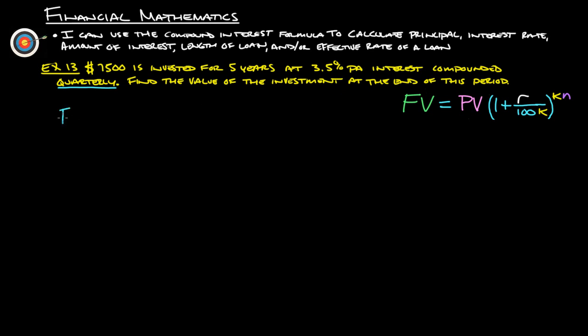So future value is going to equal the initial value, which is 7,500 times 1 plus the percentage rate, which is 3.5 divided by 100 times the K, again, which is how often it's compounded per year. So if it's quarterly, that means it's 4 times a year. So we'll do a 4. Those numbers are always going to match because those are both Ks. And then this is for 5 years.